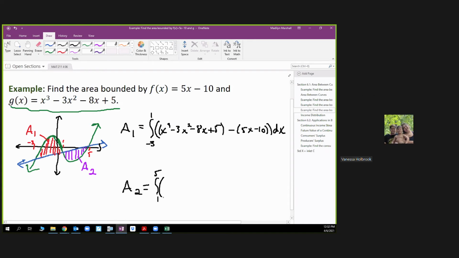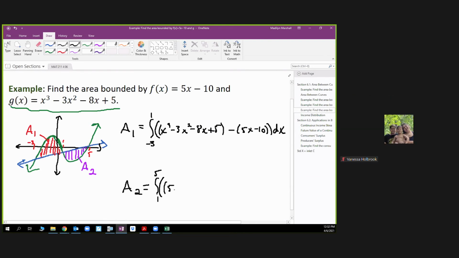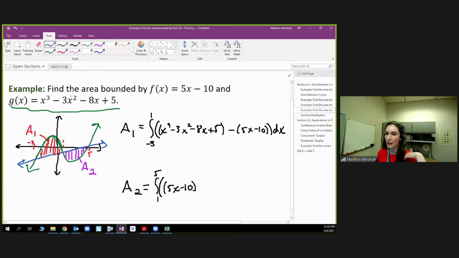And then switch them. 5x minus 10 minus x cubed. Exactly. So here, f is now our top function for that second area for A2. So that one has to go in first here. And then we'll subtract the whole cubic.